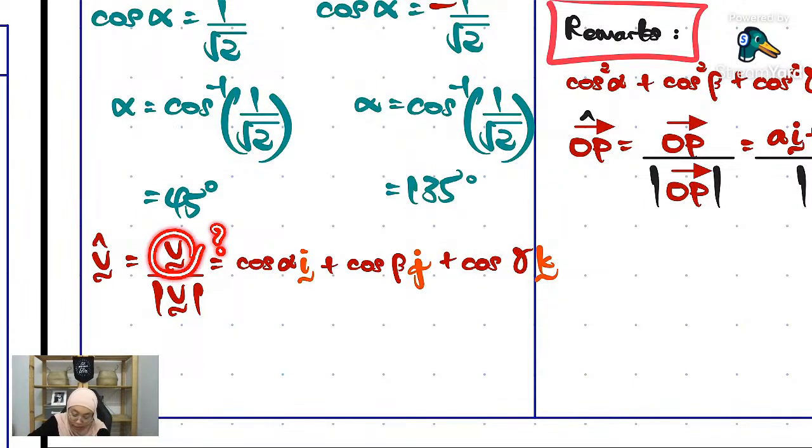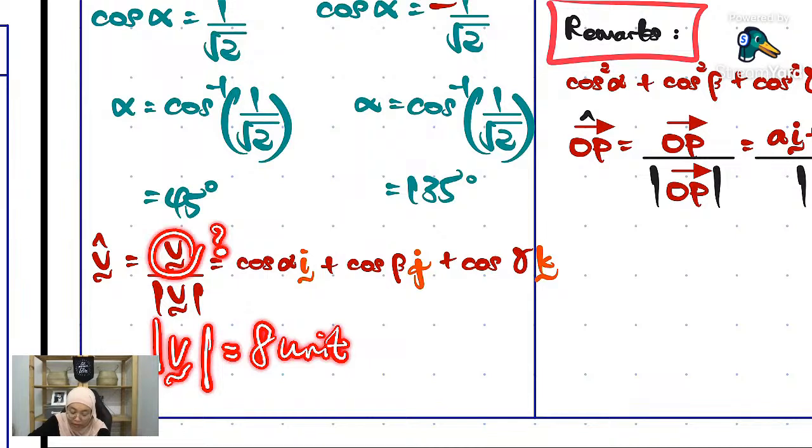But we know one thing: the magnitude of V is 8 unit. We do know this, but we do not know our vector V.